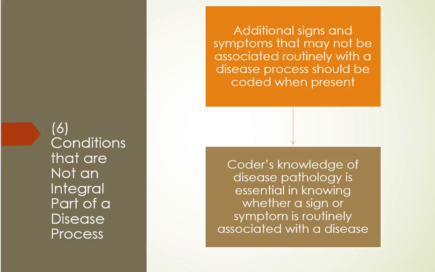In these situations, we can assign an additional code. Now, this goes back to something I just mentioned a few seconds ago, and that is, as a coding specialist, you must understand the disease process, as this is a critical component of being able to recognize if a sign or symptom is routinely associated with the disease.